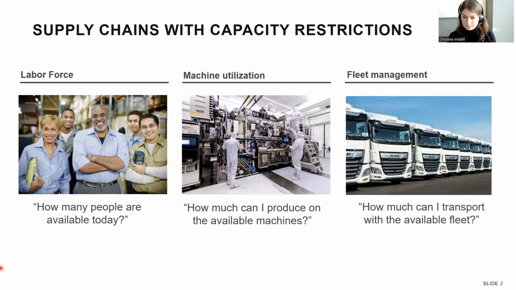And lastly, also in transport, you often have a dedicated number of trucks that you can use for your fleet management and your transport management. If you need to ship more, then you need to go on the spot market and see whether you can find a transport unit there, which also often comes at a higher price than the pre-negotiated price for the dedicated fleet.